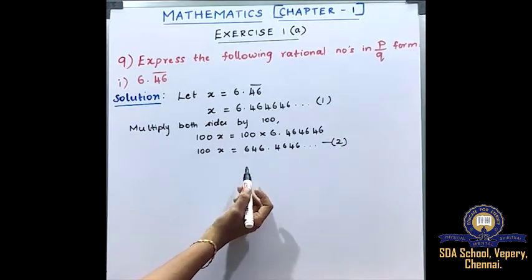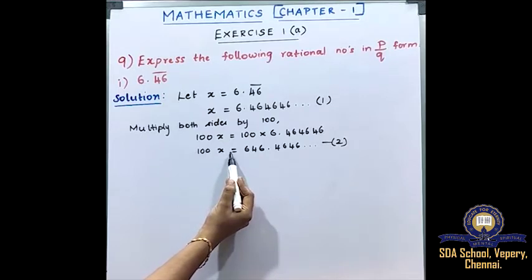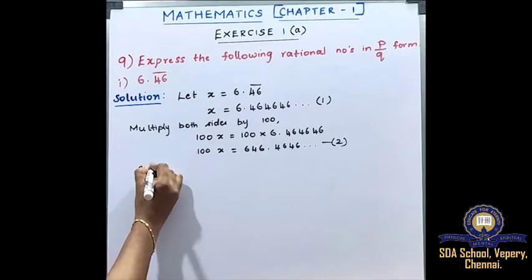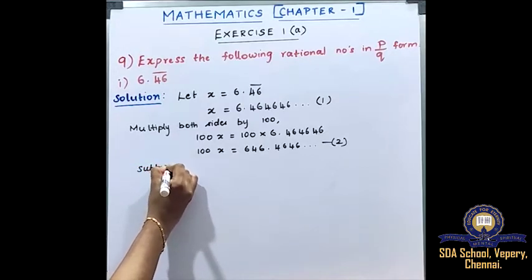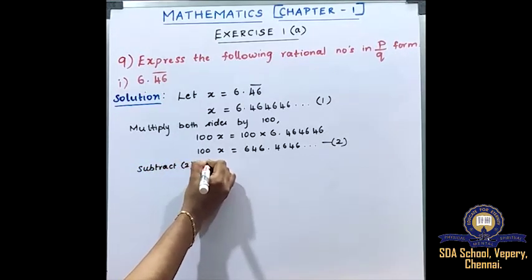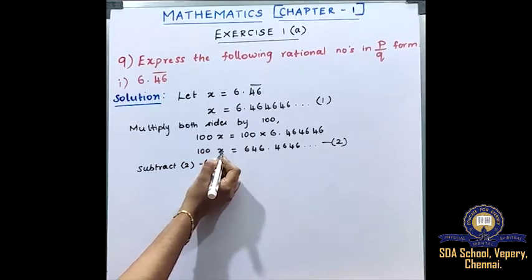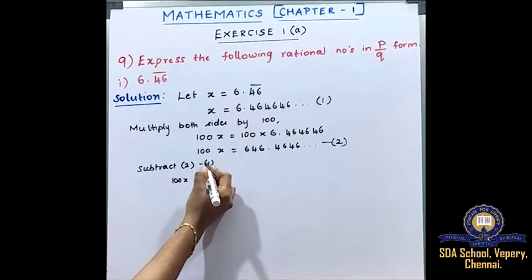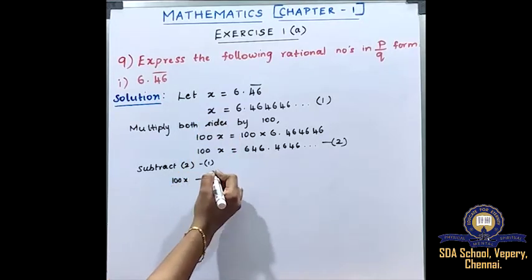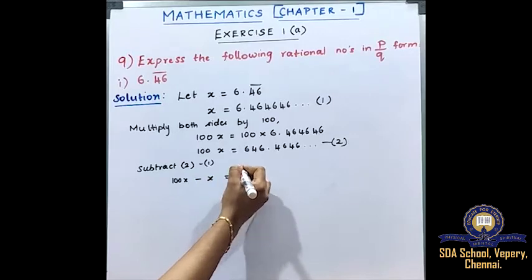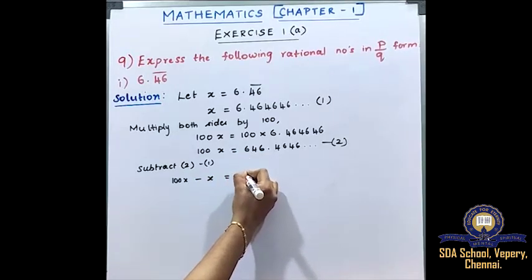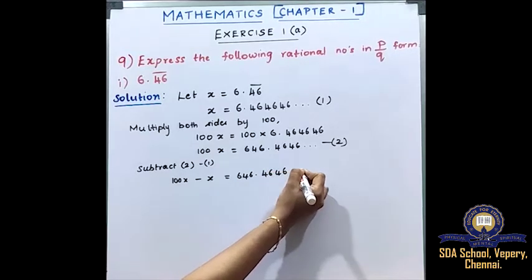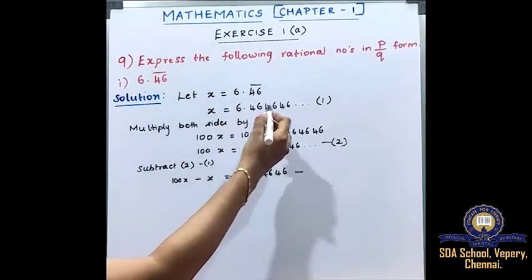Now I'm going to subtract equation 2 minus 1. On the left hand side, 100x minus x equals 646.4646 minus 6.4646.